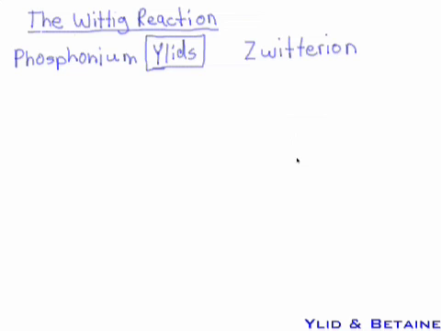Well, an ylid is a special type of Zwitter ion. If the Zwitter ion's positive and negative charges are adjacent, you're an ylid. Ylids: the plus and the minus are adjacent.